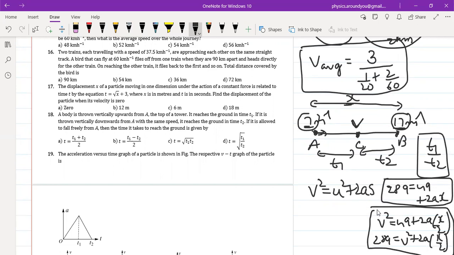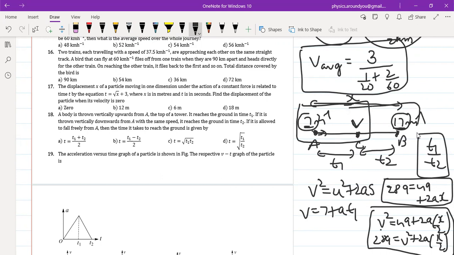There is a way where if I have to bring in time as a parameter over here, I can use V equal to U plus AT once, which is V equal to 7 plus AT1.